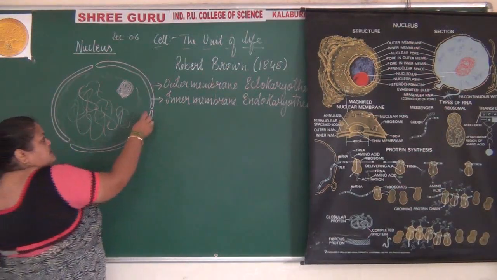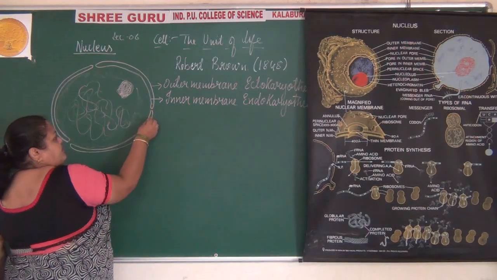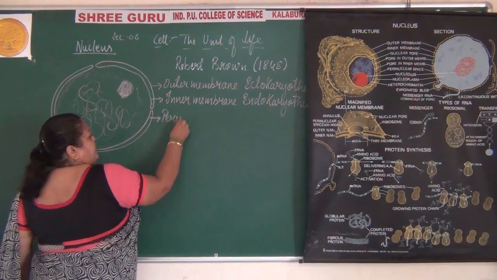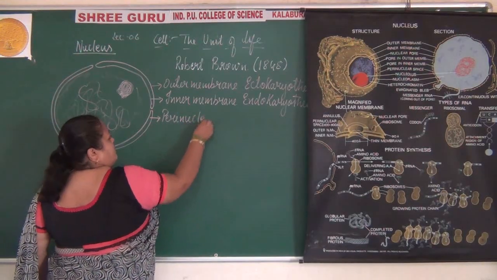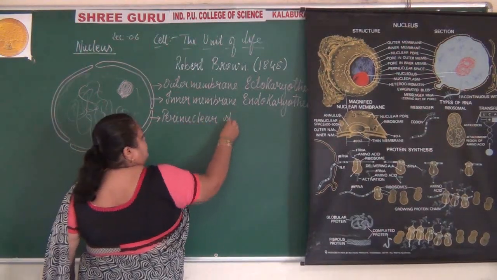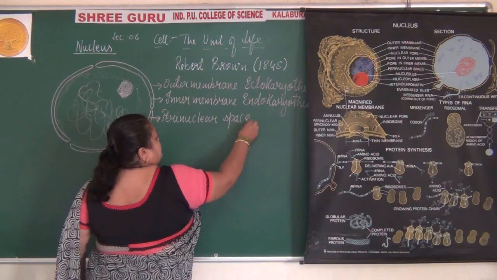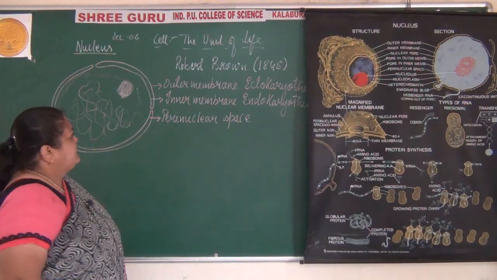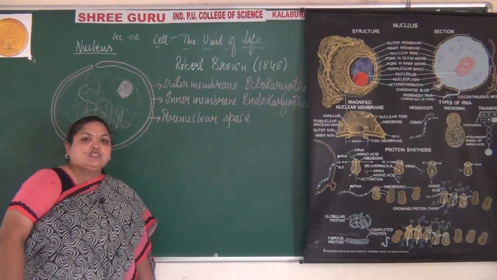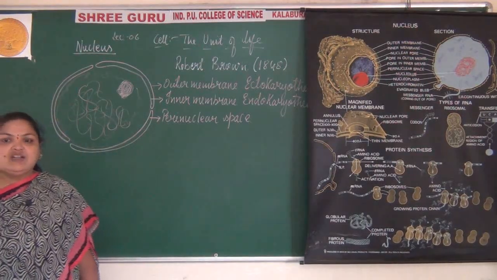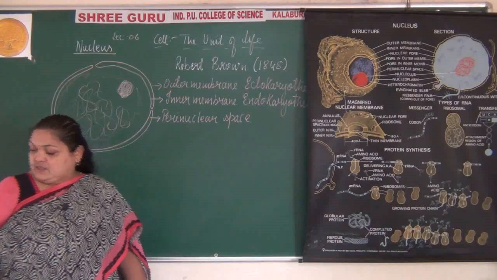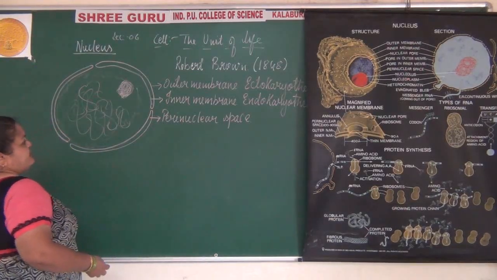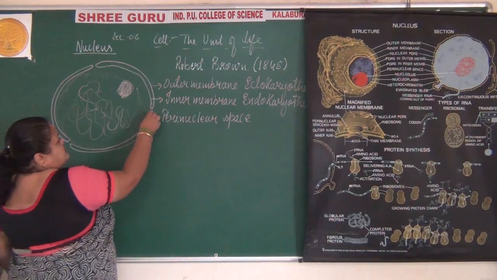And the space between the outer and inner membrane is the nuclear space. Between the outer membrane and the inner membrane, there is a space. That space is called the perinuclear space.